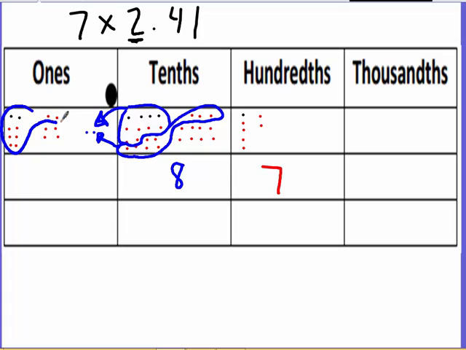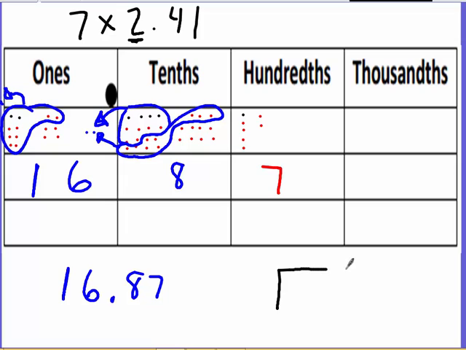But I don't have any place to put them, so what do? Well, I just need to remember that this will be a 10 dot right there. And then I have 6. So what do I have? Well, I have 1 10, 6 1s, and 87. 16.87.